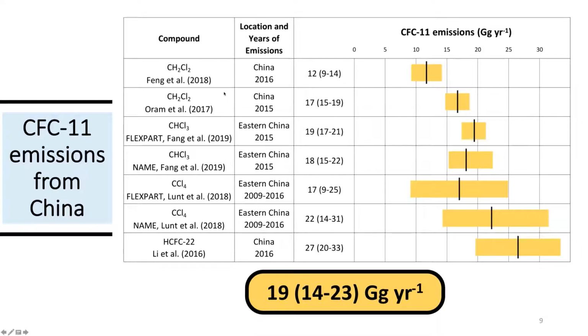It's interesting to note that both the dichloromethane estimate and the HCFC22 estimate are for the whole of China, whereas the chloroform and carbon tetrachloride estimates are for the eastern part of China. So there is no clear pattern of higher emissions for the whole of China and lower emissions for eastern China.